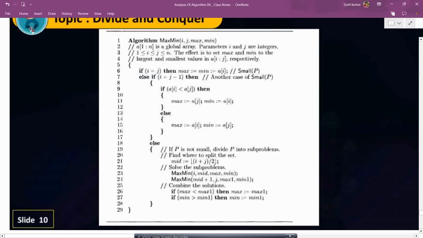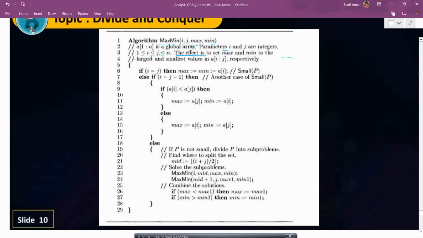This is how the algorithm MaxMin(i, j, max, min) works. Here we only provide indexes, so there is no extra space we use apart from the global array. The parameters i and j are integers.